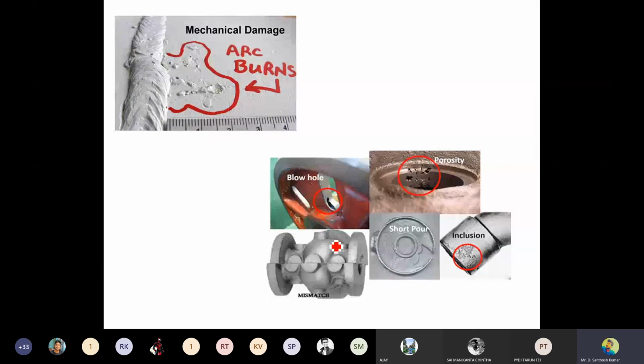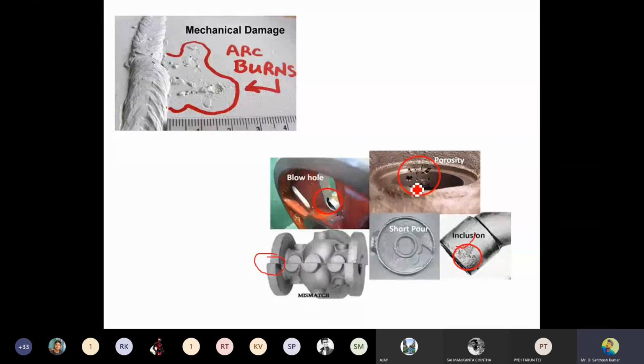And also you can see here some blowholes and porosity in some casting components. There is a short pour, otherwise you can call it one kind of incomplete component, and there are some inclusions. You can see the inclusions take place here, and this is the mismatch. These are the blowholes and the porosity.